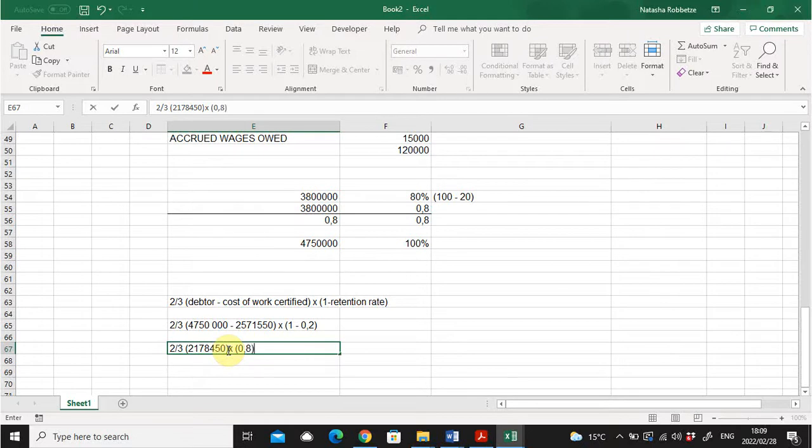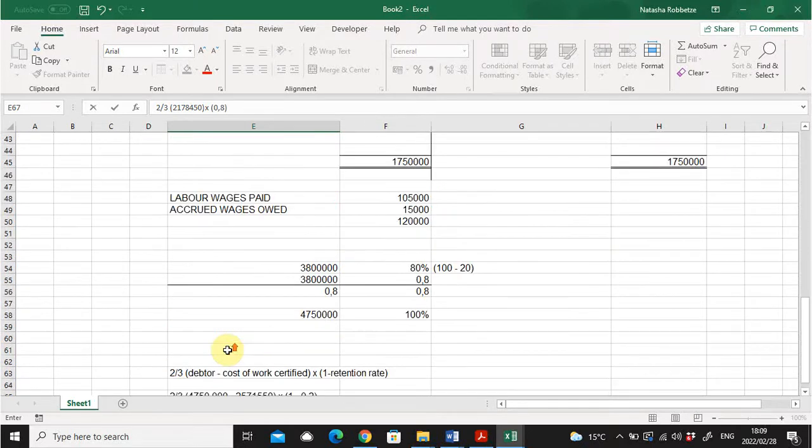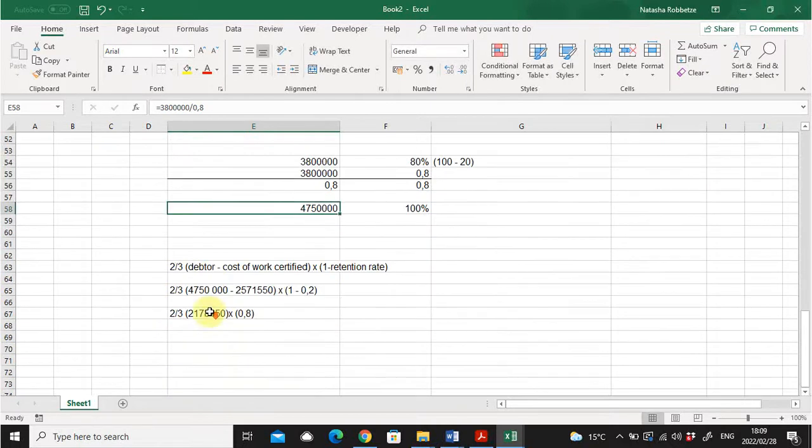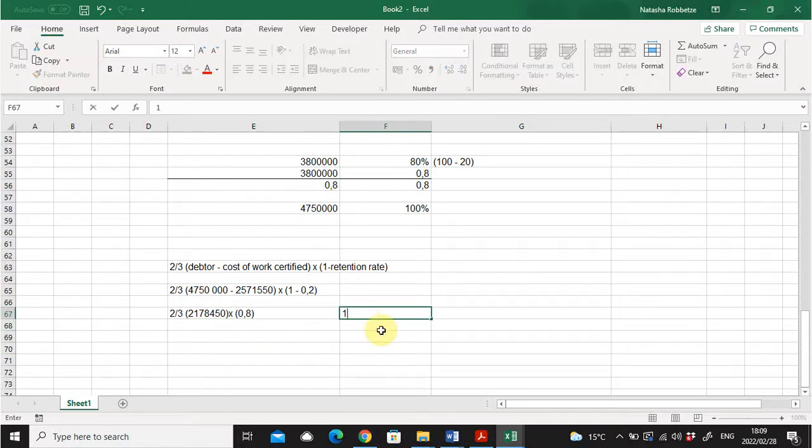And now I can simply put everything into my calculator. So I'm just doing this by hand now and not by Excel so that you can see. So if I say times 0.8 times 2 out of 3, I get a profit here equal to 1,161,840.